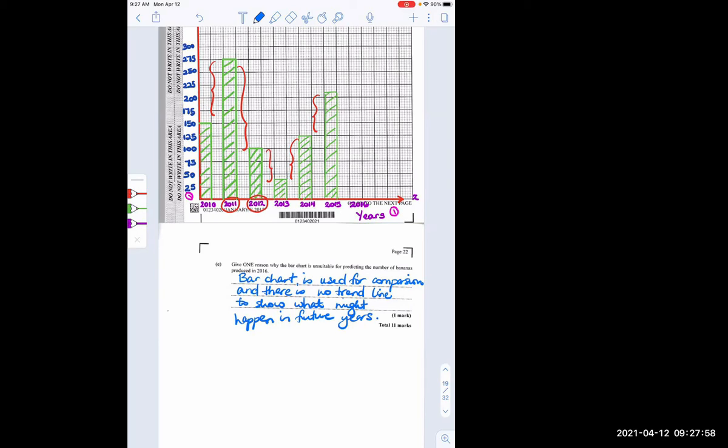So we can also say that the bar chart cannot be used for predicting the number of bananas because there is no pattern, there is a fluctuation in the production over the years. So we cannot tell whether the next bar is going to be higher or lower than the value of the 2015 bar, all right?